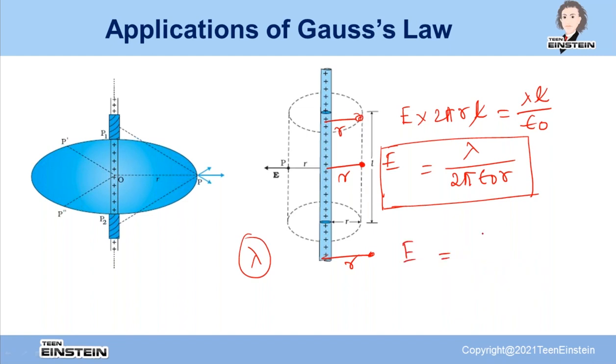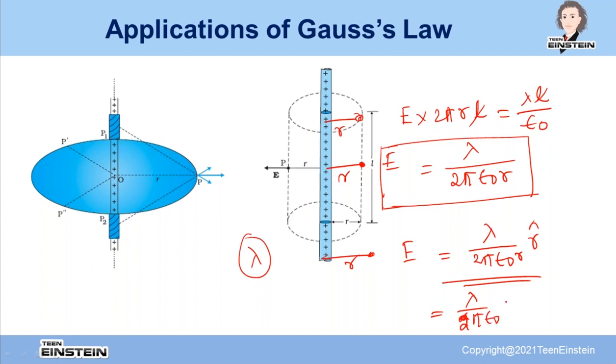If it is negative charge density, then I would have written lambda by 2 pi epsilon naught r into minus r cap. Here there will be r obviously. So this will be the thing.